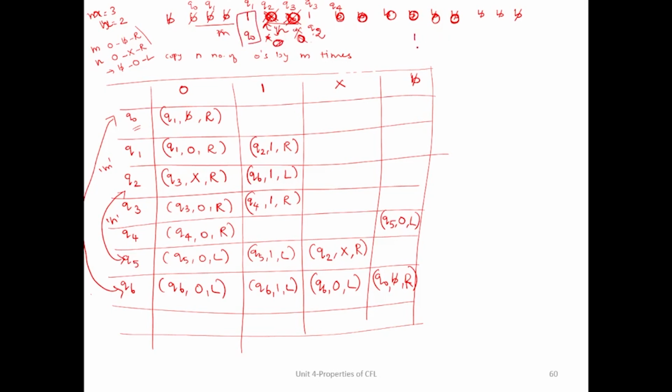So now Q0 reads 1 followed by 2 zeros because n value is 2. Then followed by 1, 6 zeros are available, then blank space is there. This is the current situation, that is, after completion of copying n number of zeros m times.